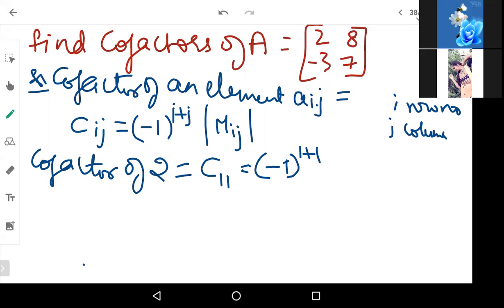Then into the minor of 2. Can anybody tell me what will be the minor of 2?